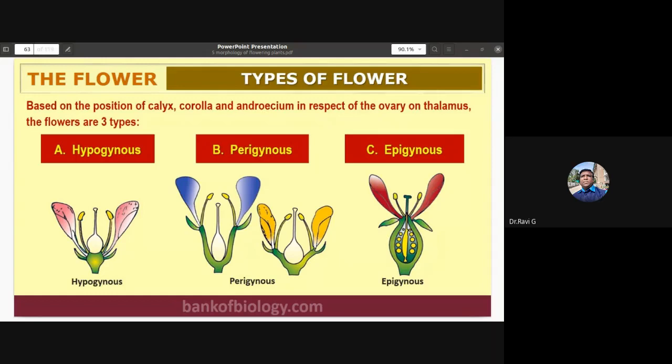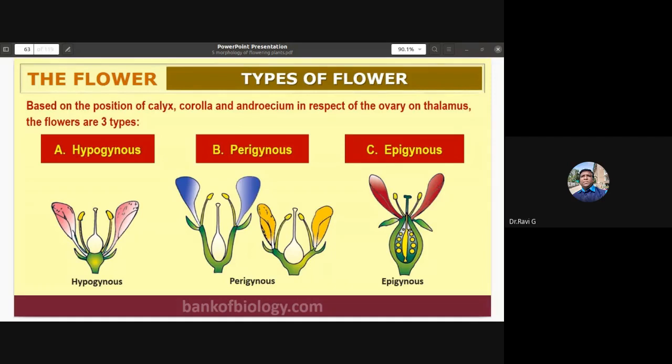In a perigynous flower, the receptacle is half cup shaped. So half of the ovary is within this half cup shaped receptacle, and the remaining half is above it.